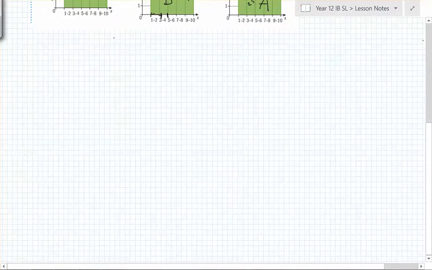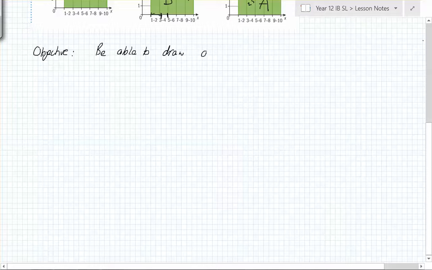Right. So I want you to be able to draw and interpret, again, this word interpret, a cumulative frequency curve.